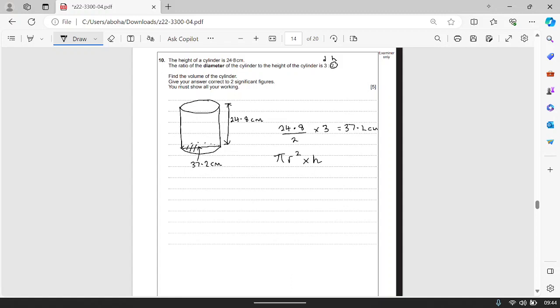So you're working out the area of the circle, multiplying it by the height of the cylinder. So it's pi times, now the radius is half of 37.2, which is 18.6. So 18.6 squared times by 24.8.